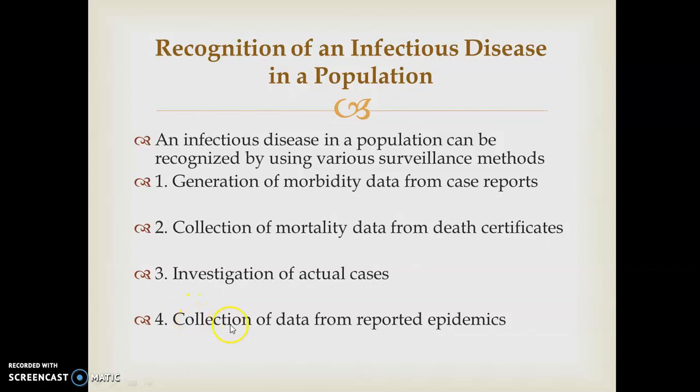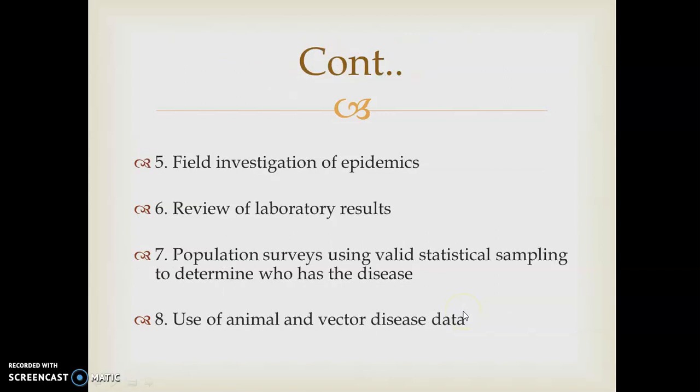Now the fourth one is the collection of data from reported epidemics. The fifth is field investigation of epidemics, that we know about the actual cases which are present, for example in the hospitals, in the homes, or in some other areas where the patients are present.